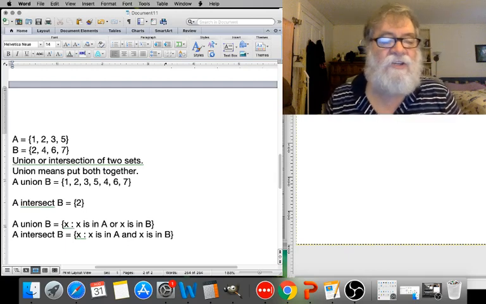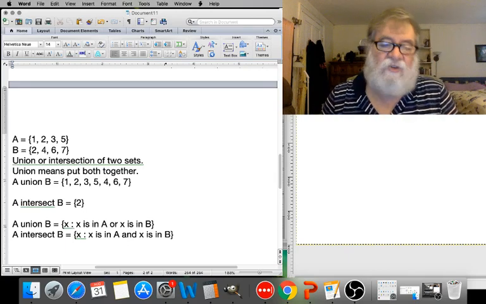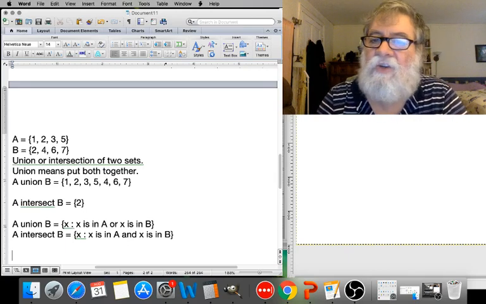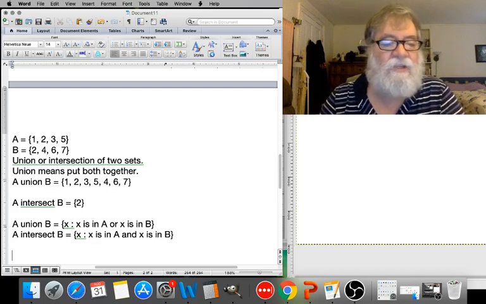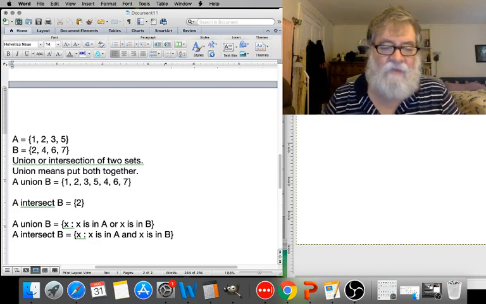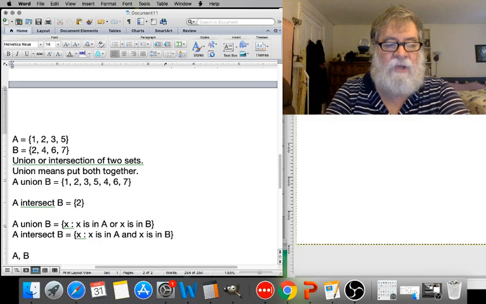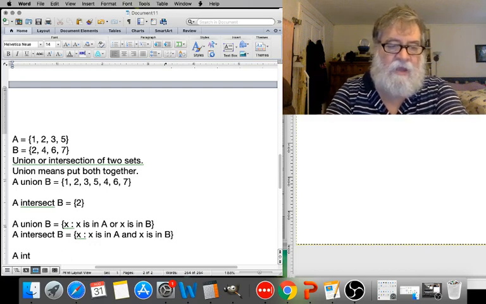It's worth asking yourself, what's the union with the empty set? What's the union of a set with itself? What's the intersection with the empty set? What's the intersection of a set with itself?